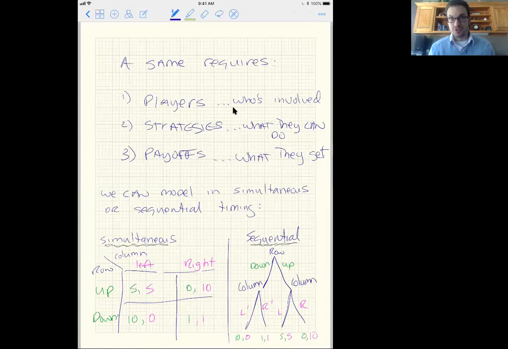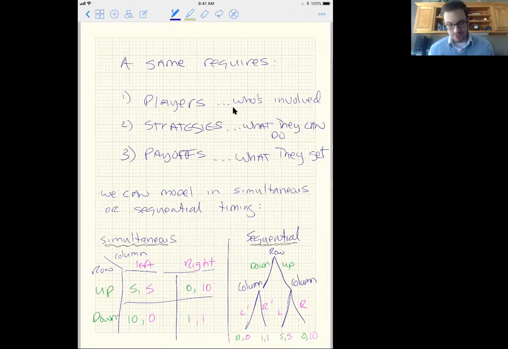And then as a result of their mutual selection of a particular cell in this matrix, they're going to get payoffs. So for instance, if the row player selects up and the column player selects left, then the row player would receive a payoff of 5 and the column player a payoff of 5 as well. However, if the row player selects up and the column player selects right, then the row player gets 0 and the column player gets 10.